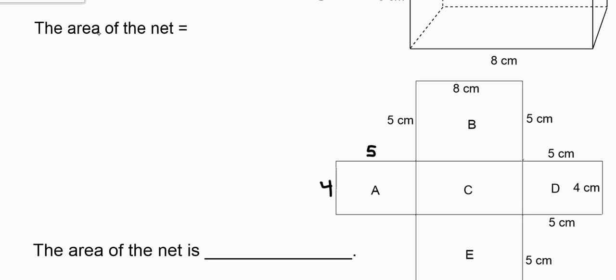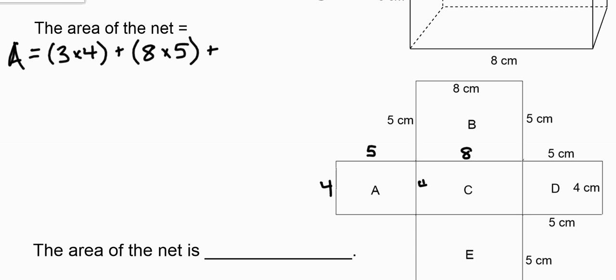So I'm going to have area is equal to 3 times 4 plus the area of B, which is 8 times 5, plus the area of C, which is going to be 8 times 4, plus the area of D, which is 5 times 4. Oh goodness, I'm realizing that I have an error here. This should actually be 5. I'm not sure where the 3 came from, guys.